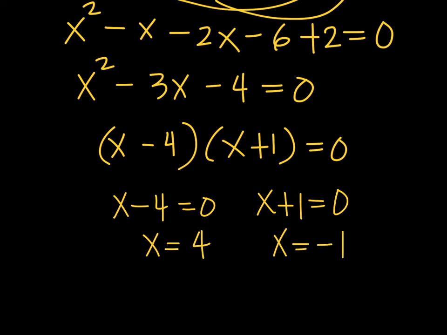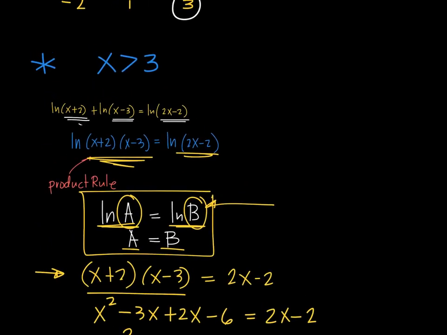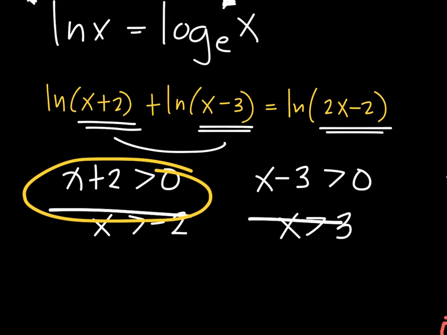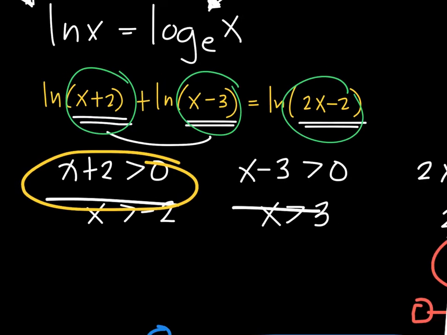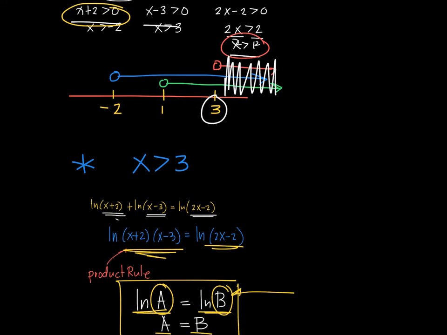Now, again, in any logarithmic equation, do not rush to say that these are the final answers. Remember that we did something at the beginning that restricted the value of our x by considering these three expressions. From our solution, we ended up with the final restriction that x must be bigger than 3.